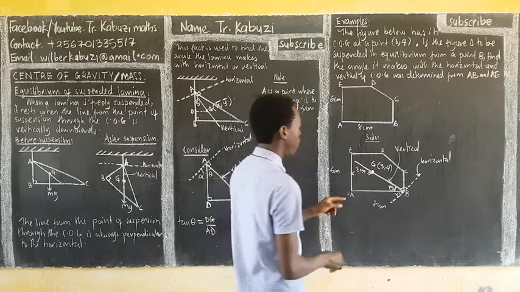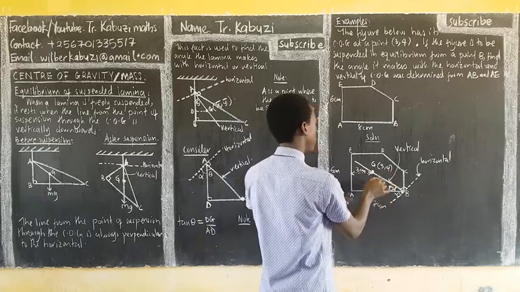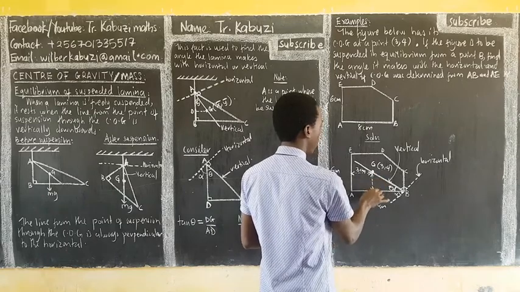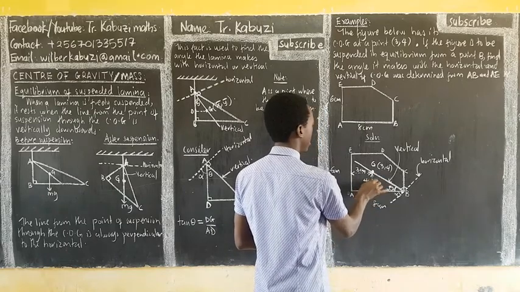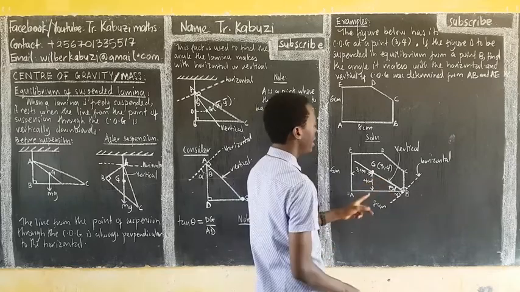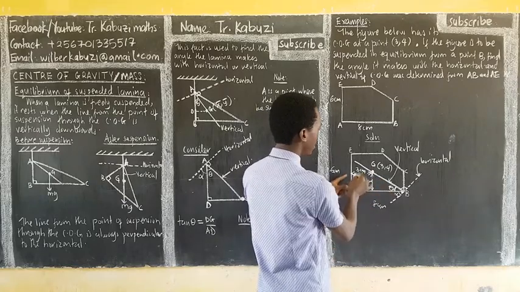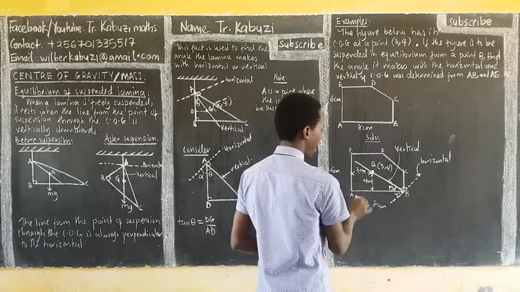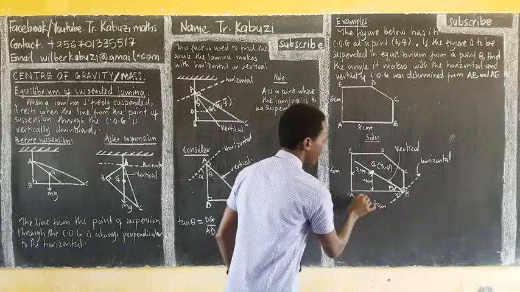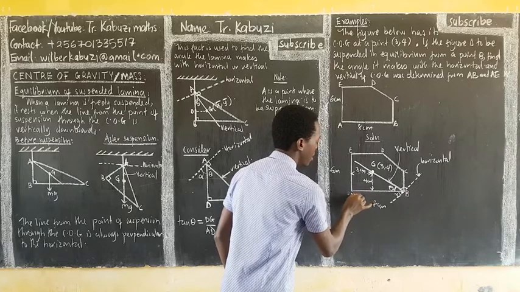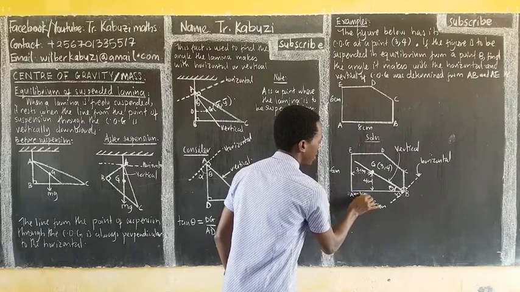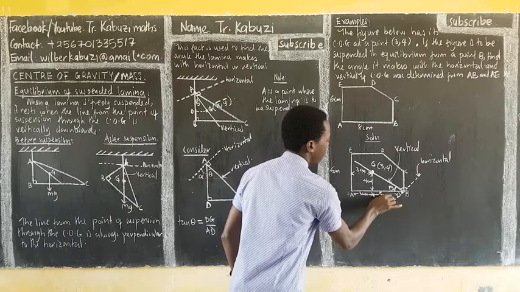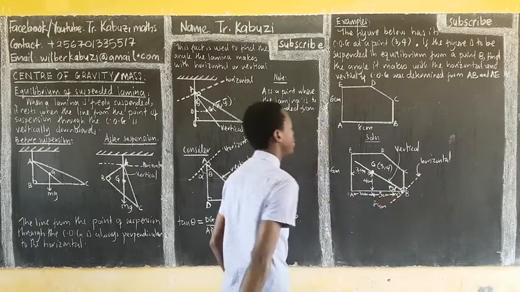What about from AB? They're telling us there are 4. So from here up to here, there are 4 centimeters from AB. If from here up to here is 8 and from here up to here is 3, the balance from here up to there is going to be 5 centimeters.